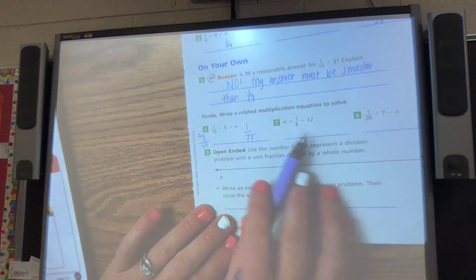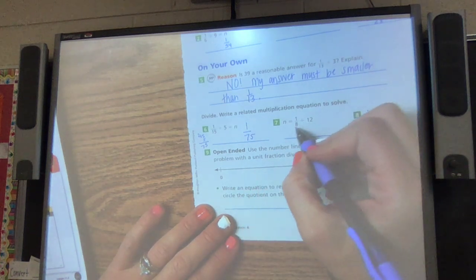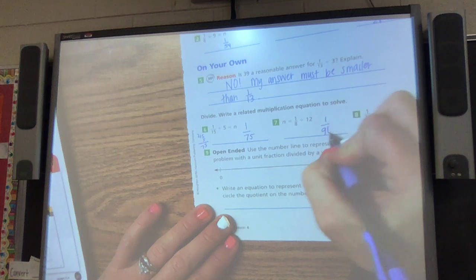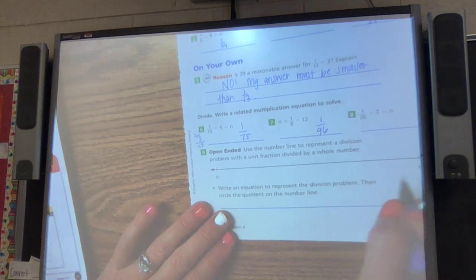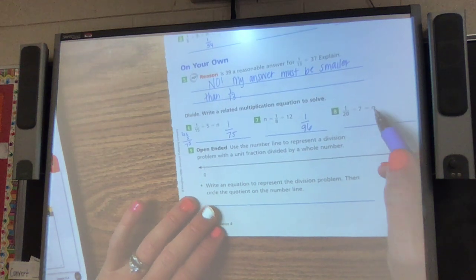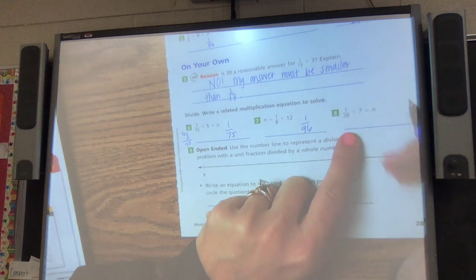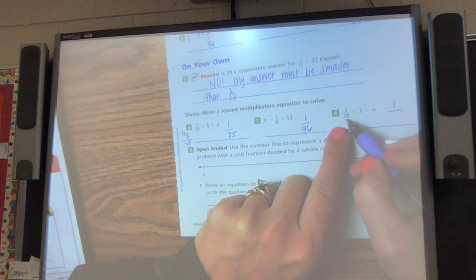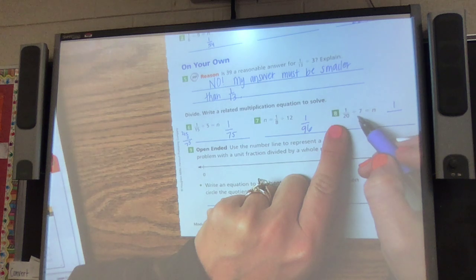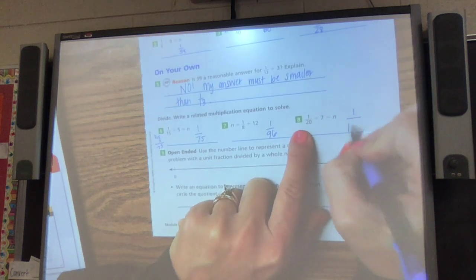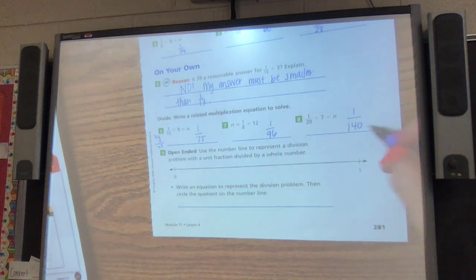Again, smaller than an 8th. I know 12 times 8 is 96, so this would be 1/96. 1/20th divided by 7. Going to be smaller. I know 2 times 7 is 14, so 20 times 7 is 140. Itty bitty piece right there.